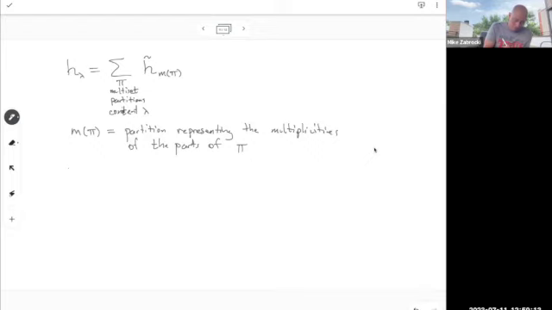So let me give you an example of lambda is equal to 2, and I'm going to stop.